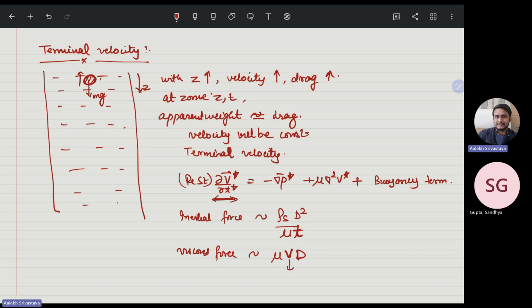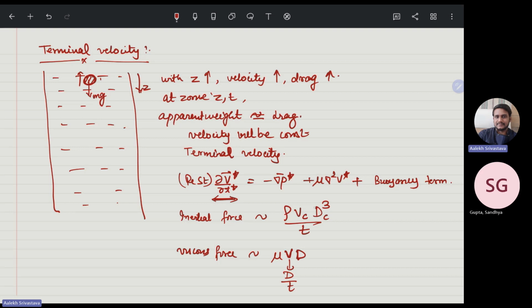And this velocity can be written as some characteristic dimension d divided by t. So it is rho Vc dc cube divided by t.